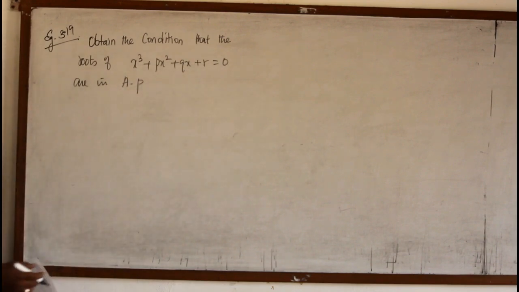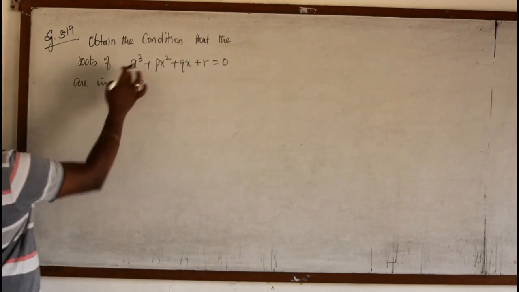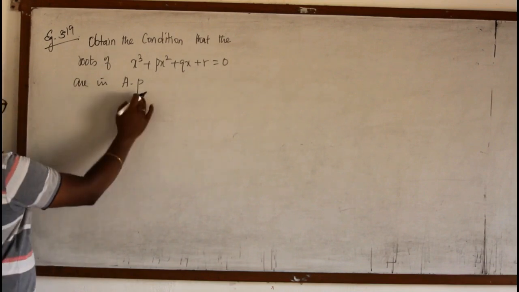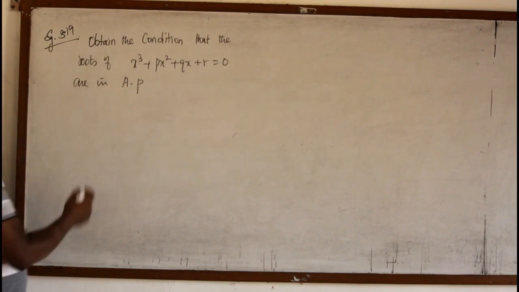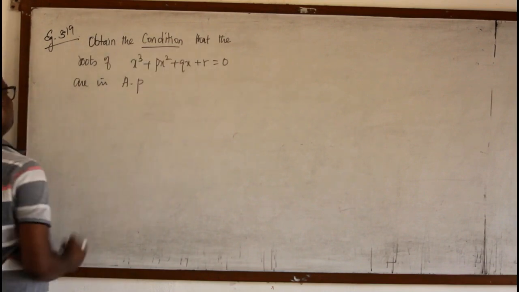There are 3 roots because the highest power is 3. If all the 3 roots are in arithmetic progression, then what will be the condition that we have to find out?